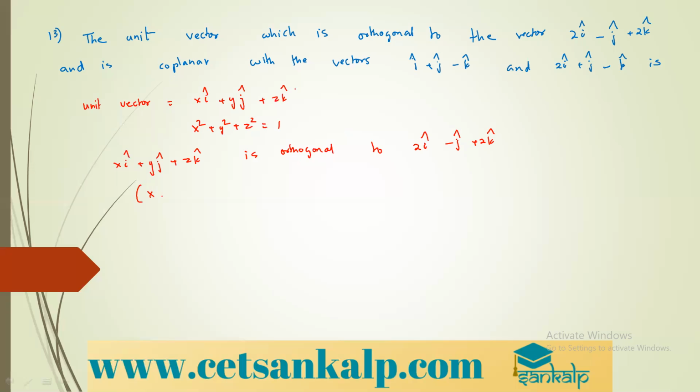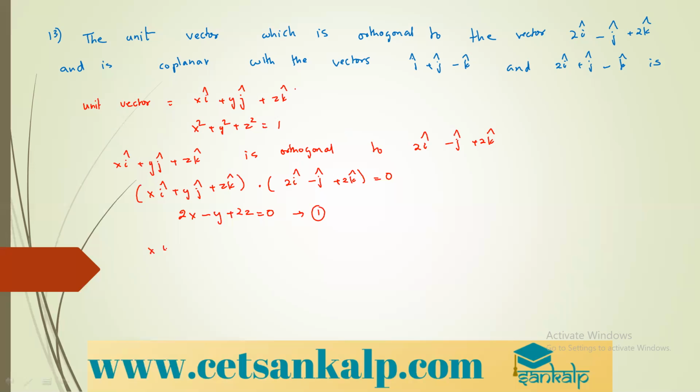So if you take the dot product of xi plus yj plus zk with 2i minus j plus 2k, we get 0. That is 2x minus y plus 2z equal to 0. We got one equation.